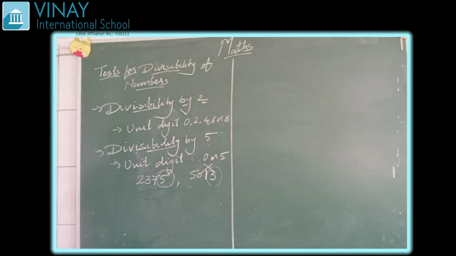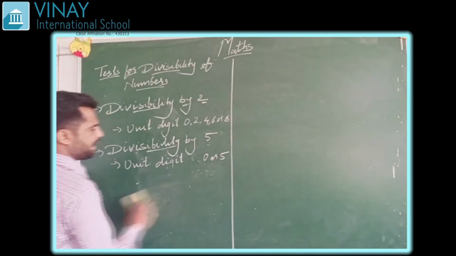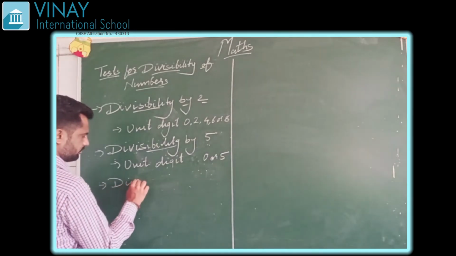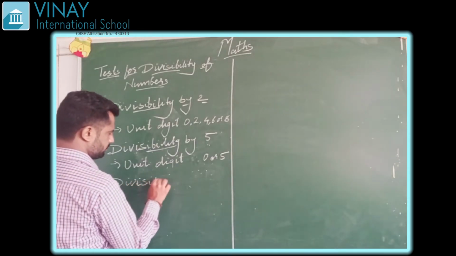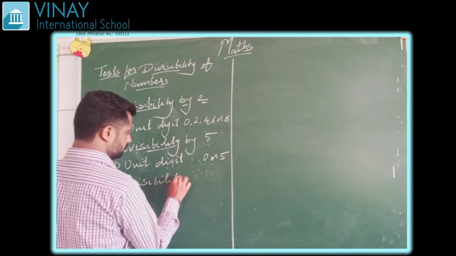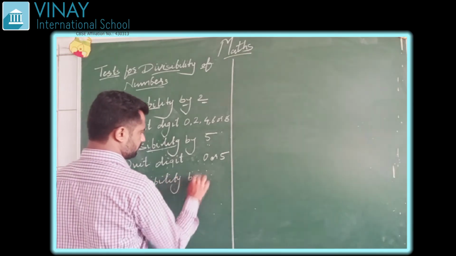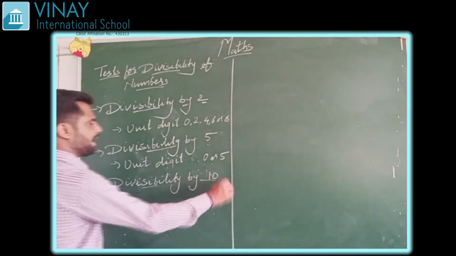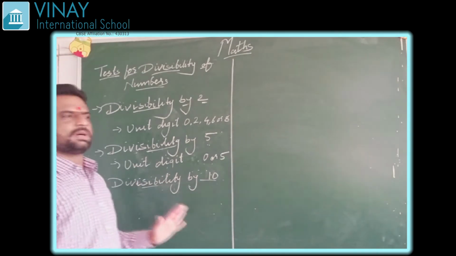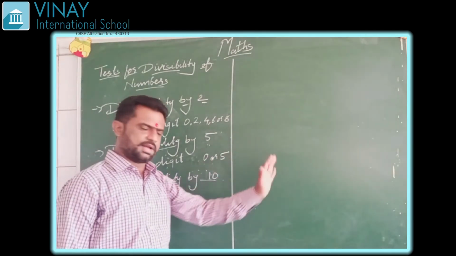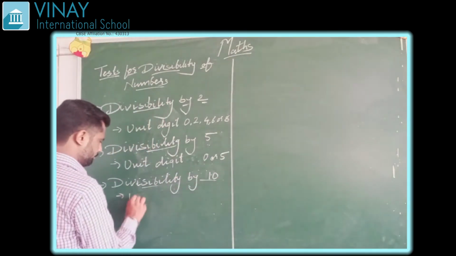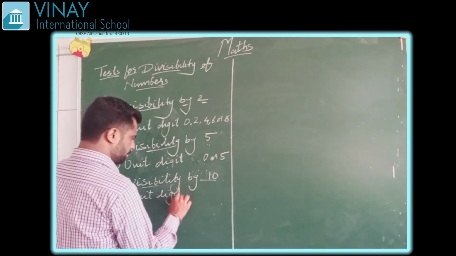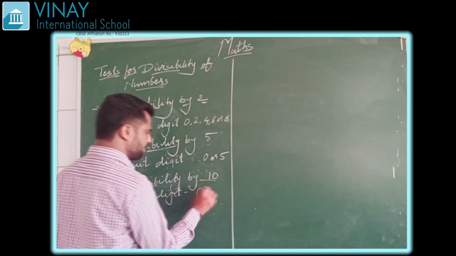The same way, let us see divisibility by 10. Any number is divisible by 10 if its unit digit is 0.